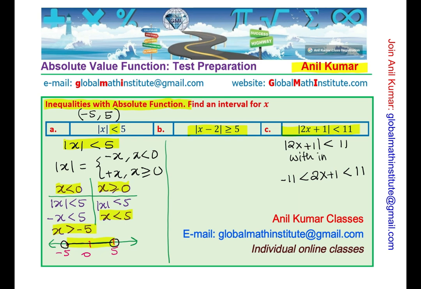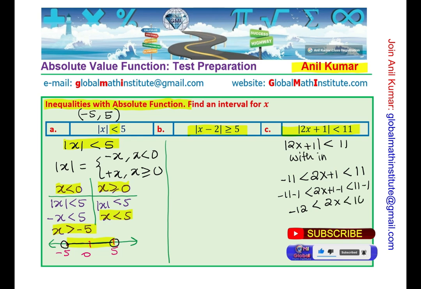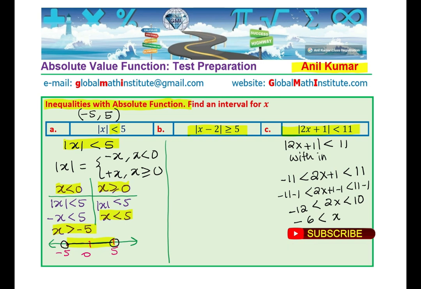Perfect. Now here, let's take away 1. So we said minus 11 minus 1 is less than 2x plus 1 minus 1, which is less than 11 minus 1. So that gives you minus 12 less than 2x, which is less than 10. Dividing by 2, we get minus 6 less than x, less than 5, correct? So you see, the operation performed is take away 1 from both the sides, right?